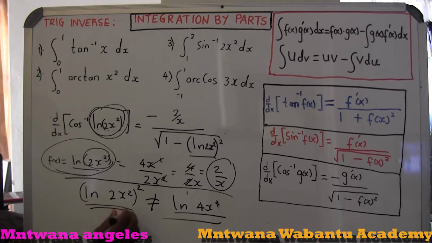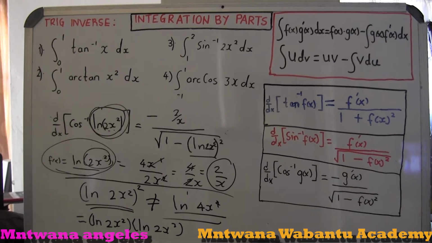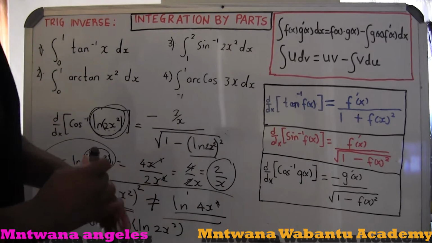But this is equal to ln of 2x squared times ln of 2x squared. So it is equal to that, but it's not equal to the other. So you cannot only multiply. This is unacceptable. So now I believe you understand how to differentiate trig inverse.